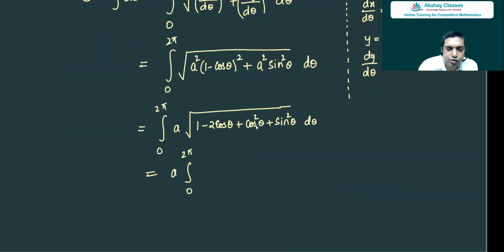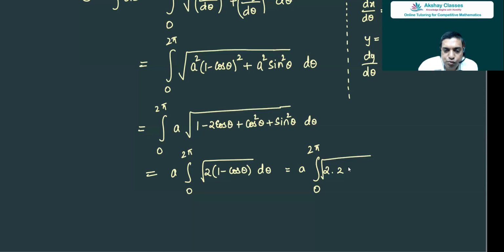Cos square theta plus sine square theta is 1, and 1 plus 1 is 2. So 2 into (1 minus cos theta) under the root, d theta. A times 0 to 2 pi, this is 2 under root of 2 into 2 sine square theta by 2.